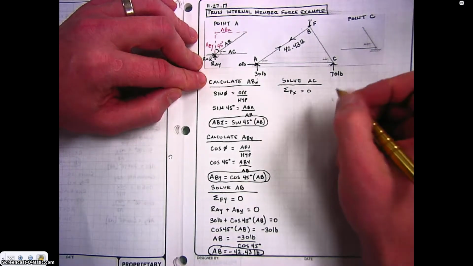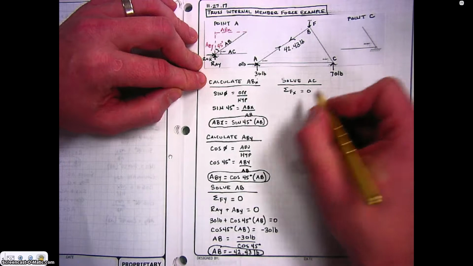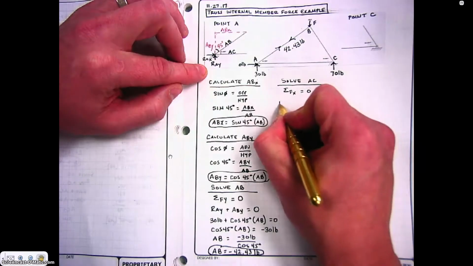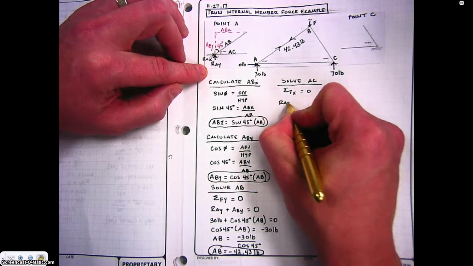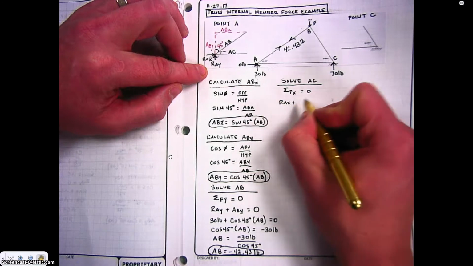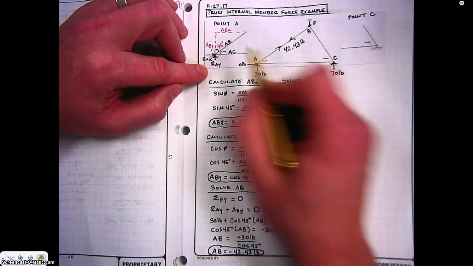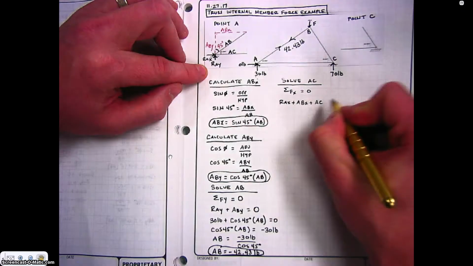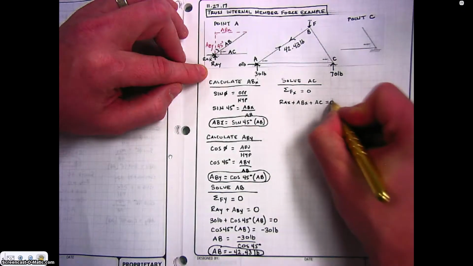So our forces in the x direction are, if we look at our system over here, the reaction force at A in the x direction plus ABX, member AB in the x direction, plus member AC. Those have to equal 0.